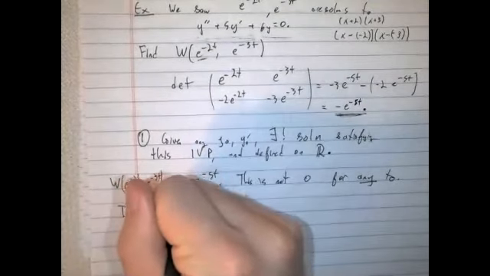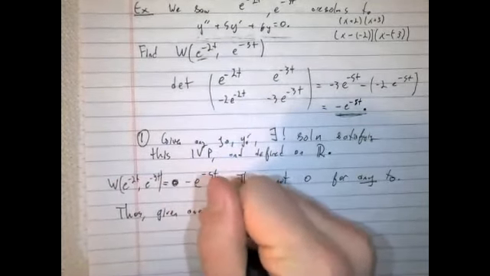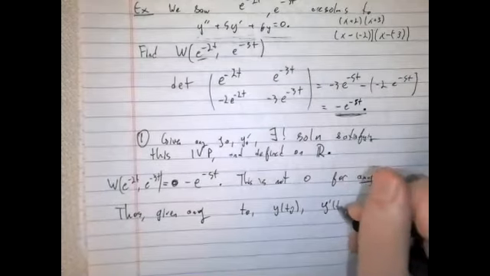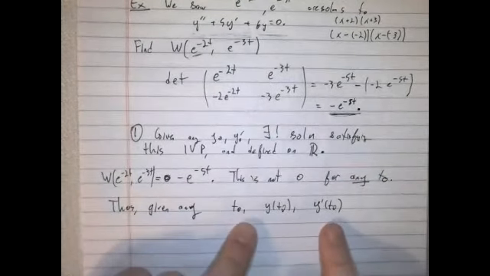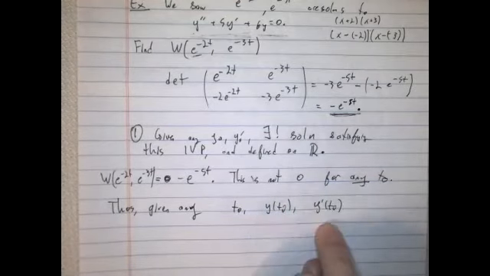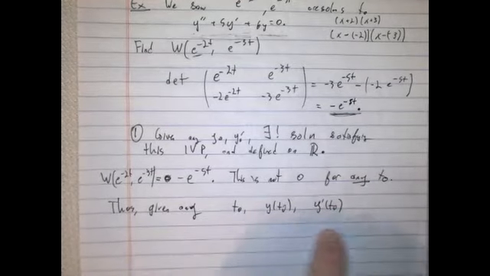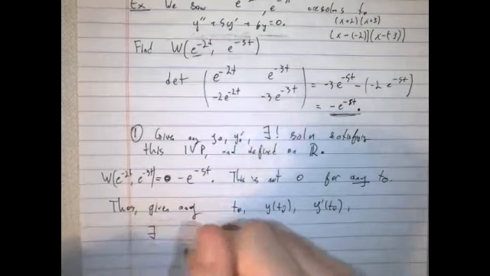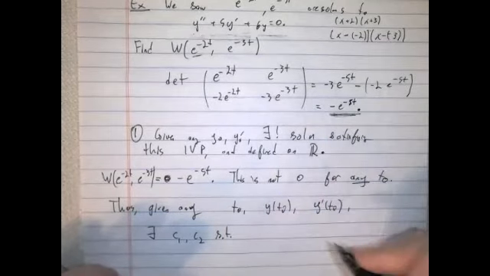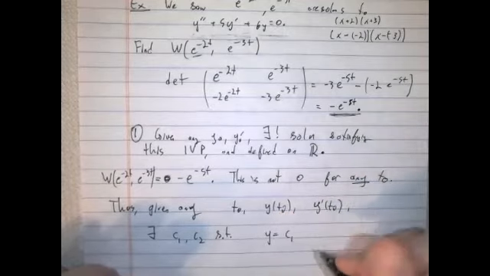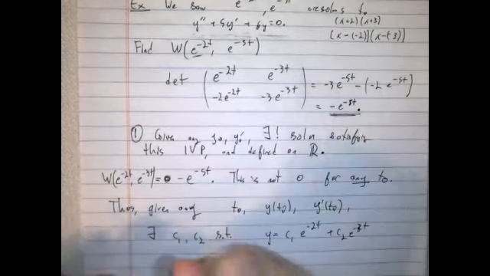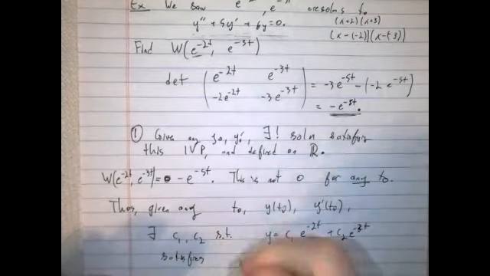Thus, given any t0, y of t0, and y prime of t0, this being some totally arbitrary solution to the IVP, there exist C1 and C2 such that y is equal to C1 e to the negative 2t plus C2 e to the negative 3t, which satisfies this IVP.